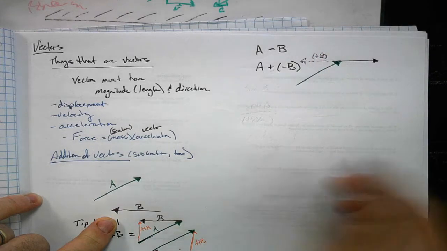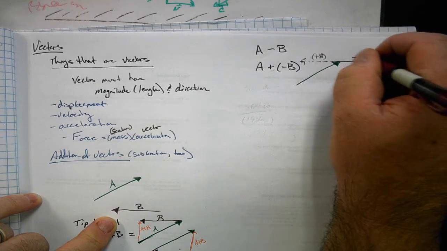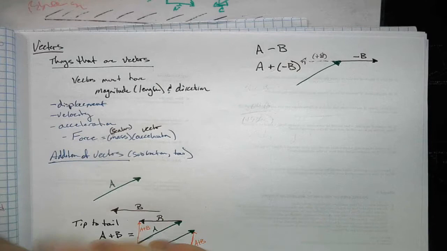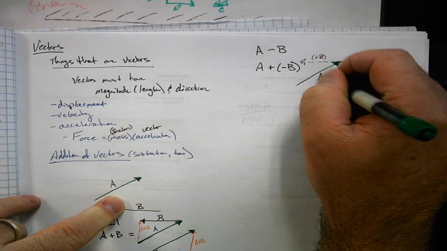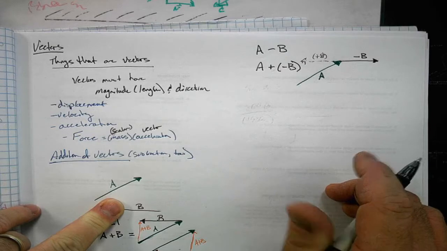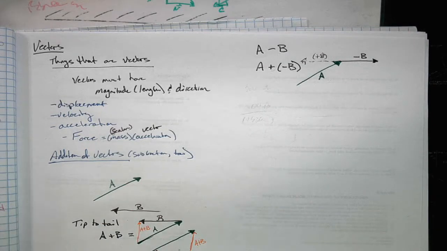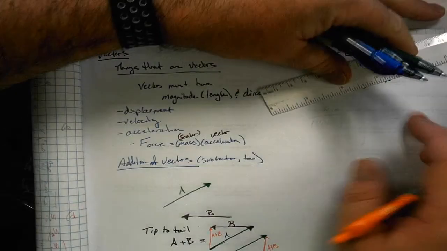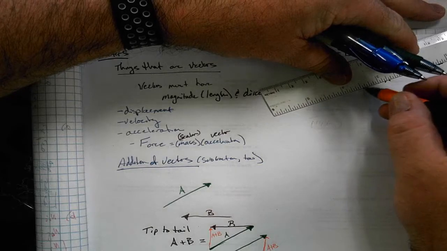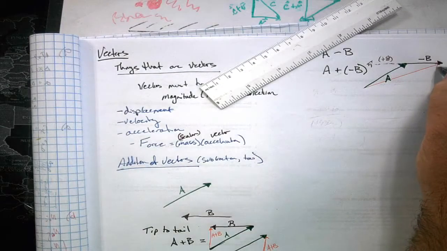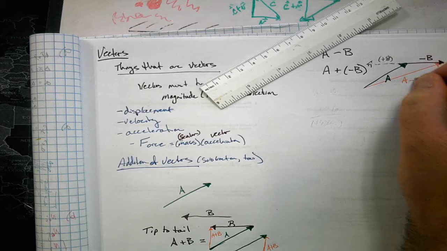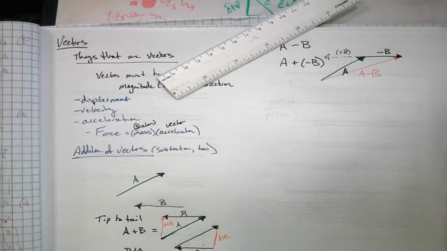So that was positive B. This is negative B. And that's A. Yeah? Which leads us to, it's a long way to draw. Is this making sense? Here we are. Okay.